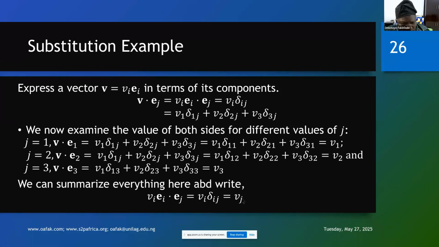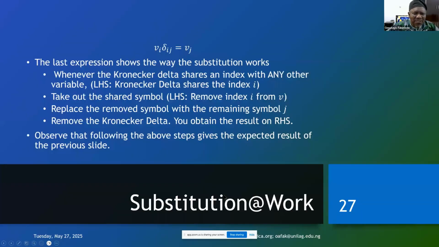If you like, you can always go through this long expression to find out it is true, or you can just understand that it's always true, and you come here and you see that it is true. So that is what you can get from here. Whenever you want to use the Kronecker delta, it substitutes the other symbol. So the last expression shows the way the substitution works.